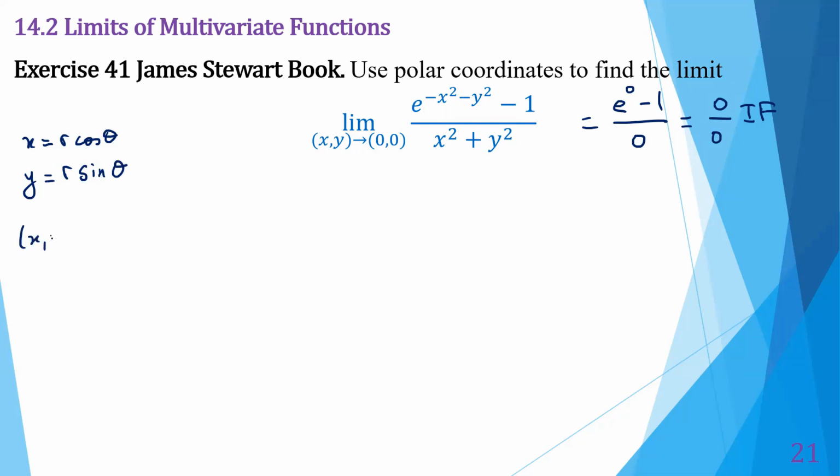When (x, y) tends to 0, this means that r tends to 0 plus. And there is also an important feature of polar coordinates. We used it in the previous exercise. We calculated it, but we can use it directly.